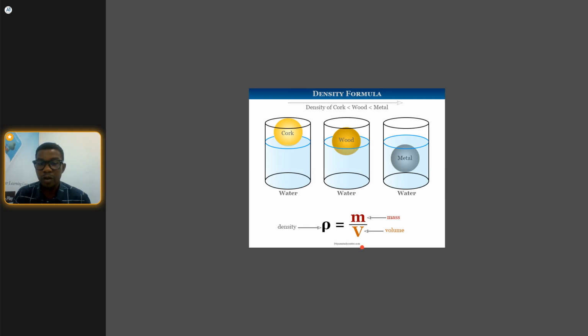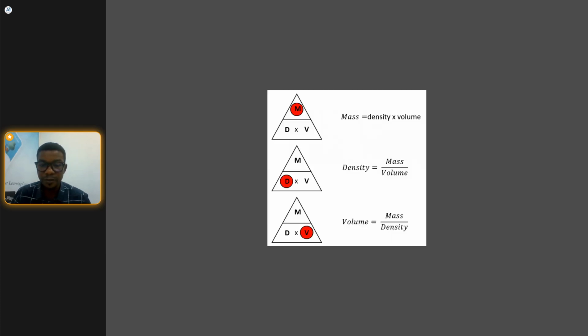Also, most of the time you might be asked to find mass or find volume when you are given the density and mass. I've already sent a picture here that gives us the summary of the formula. With this, we already know the three formulas we are likely to have under density.